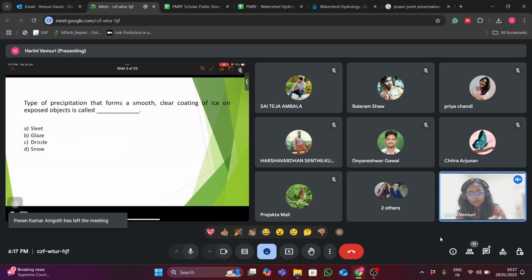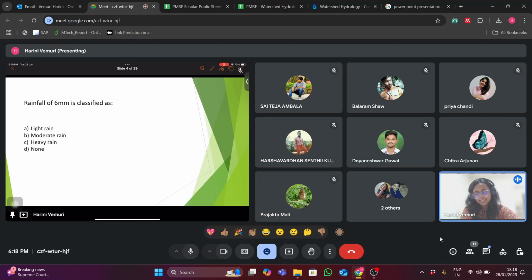So we are talking about the rainfall, the precipitation event where water drops form, and when exposed to the objects, a thin coat of ice will be formed. So the answer is glaze. Maybe you can refer to the lectures to understand what sleet, glaze, drizzle, and snow events mean.